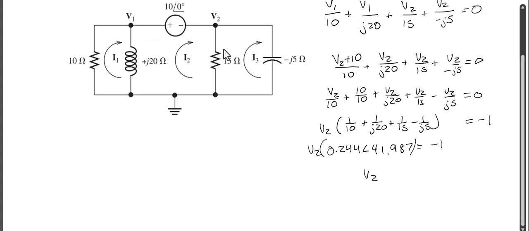So V2 equals negative 1 divided by 0.244 angle 41.987.